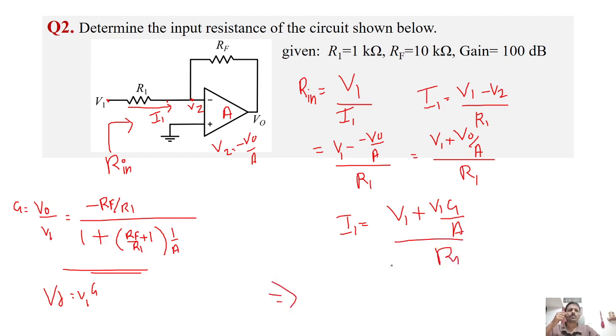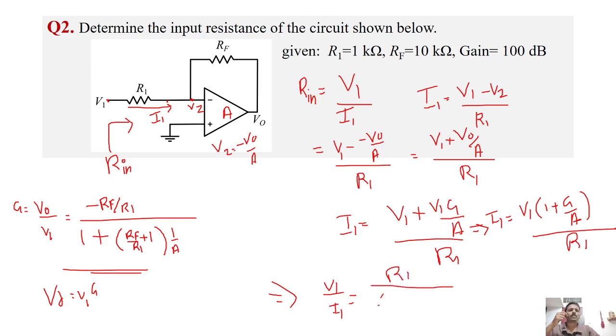So this is given as I1 equal to V1 into 1 plus G by A, divided by R1, right? So what is the input resistance? It is V1 by I1. From this relation, V1 by I1 will be equal to R1 by 1 plus G by A, just rearranging.